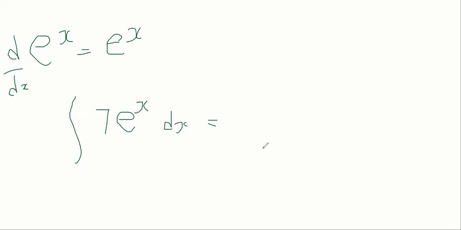That's why we use it a lot. So 7 is a constant, the integration of e to the power x will remain e to the power x only, plus c. Correct? Because the differentiation of e to the power x is e to the power x only. So we know the integration of x to the power n, of 1 by x, and of e to the power x.